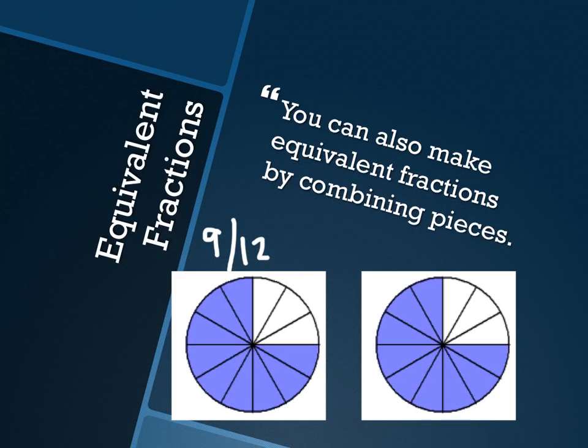If I take those 9/12 and combine pieces, grouping 3 pieces together, I can see that instead of 9/12, I can in fact have 3/4, showing me that 9/12 is equal to 3/4.